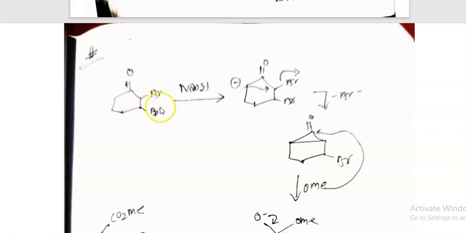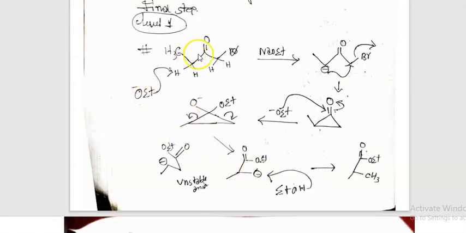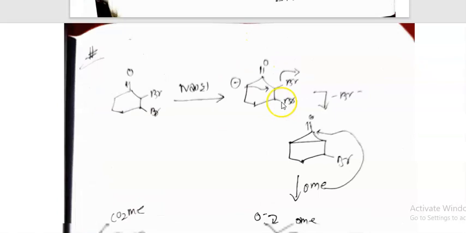So we can see here two halogen groups are present. The question arises how we remove these two halogen groups. We can see in this case that one halogen group is departed from here. So the other question arises how the second halogen group should be removed.